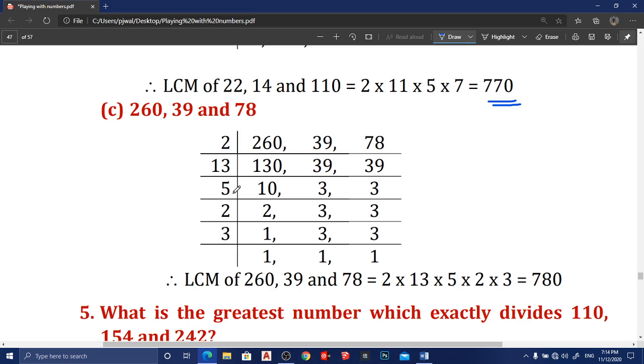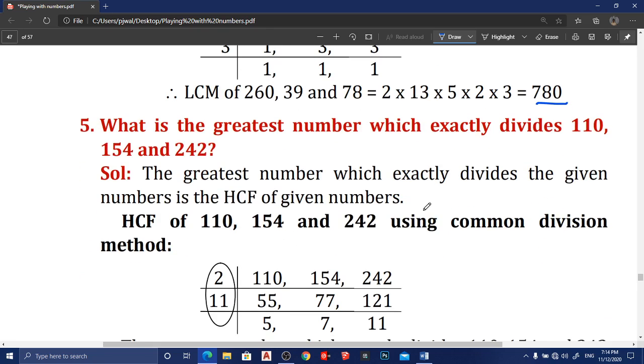Now you can take either 3 or 5. I am taking 5 here, 5 2s, bring down all the 3s. Here I am taking 2, 2 1s, bring down 3s. Here I am taking 3, 3 1s, 1s, 1. Okay, now multiply. 2 into 13 into 5 into 2 into 3 is 780. So this is the LCM of the given numbers.